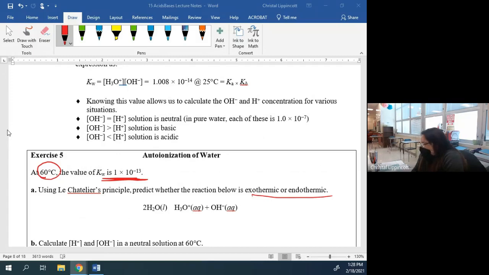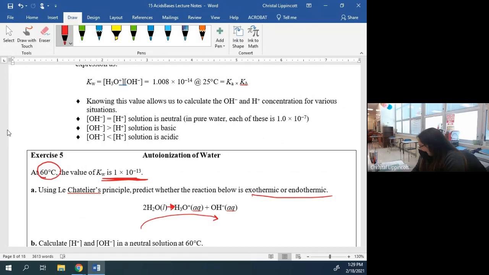Okay. So that tells me that when we increased our temperature here, my products became more favored. So as I increased the heat, it shifted the reaction this way. Does that make sense?